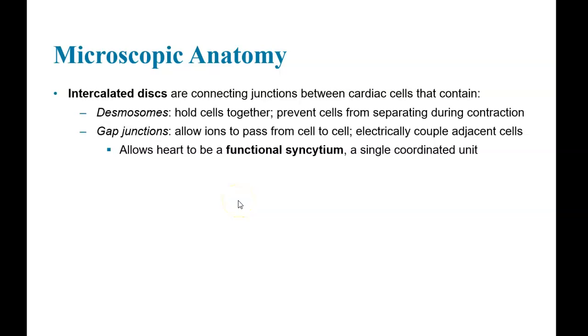And then there's the gap junctions that allow the cells to communicate with one another. So this allows the heart to be a functional syncytium. A functional syncytium is a group of cells that are able to communicate with one another and perform coordinated tasks. So in this case it would be coordinated contractions.